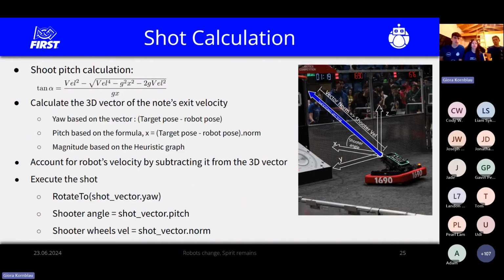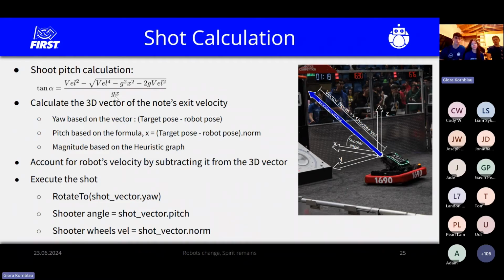For our shot calculation, after we got the velocity from the heuristic graph that I showed you earlier, we are using that velocity in order to get the angle that we need our robot's shooter arm to move to. You can see the calculation here.